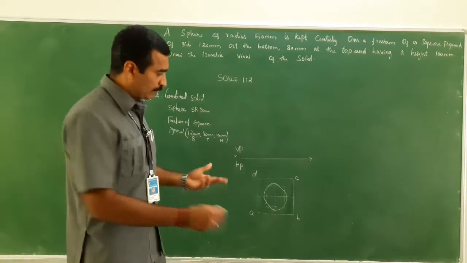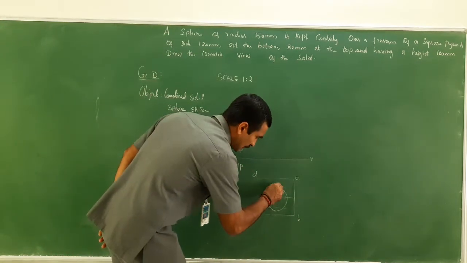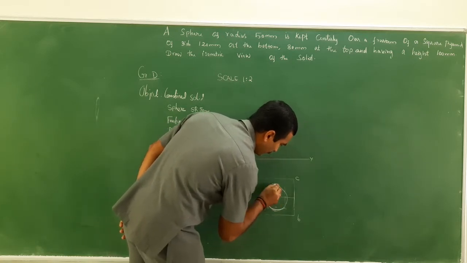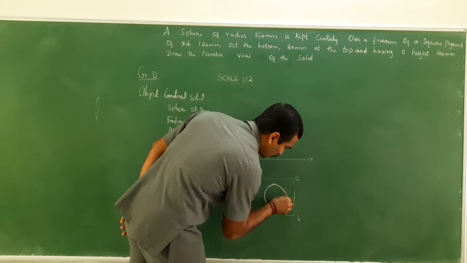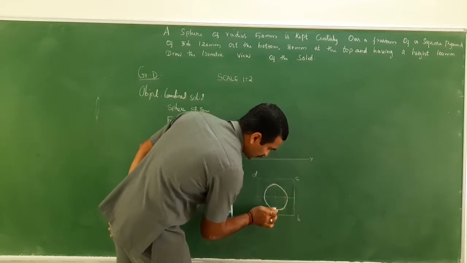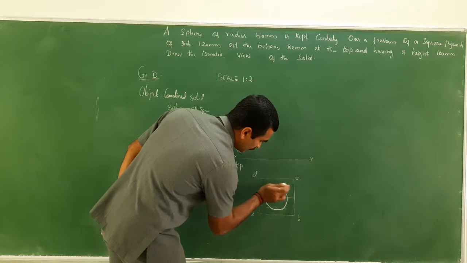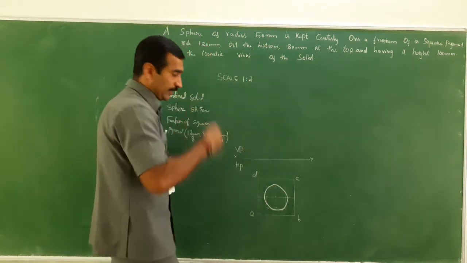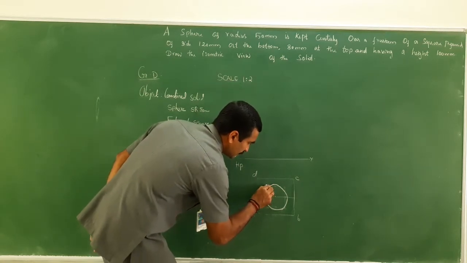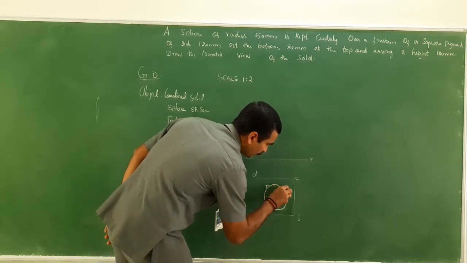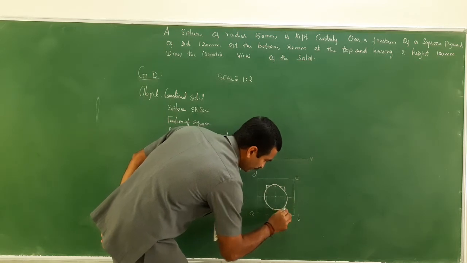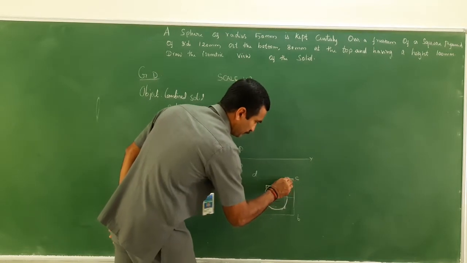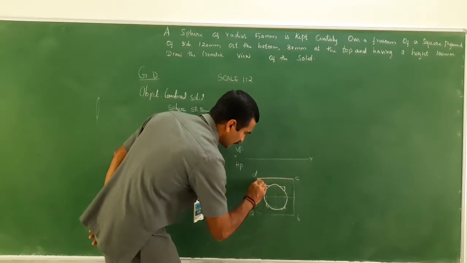Right. Now I am going to darken all the visible lines. So, the circle, don't overdraw. Just remove the unwanted lines. Now I am going to draw the top base, that is here. Right. Now the base, there is a bottom base.